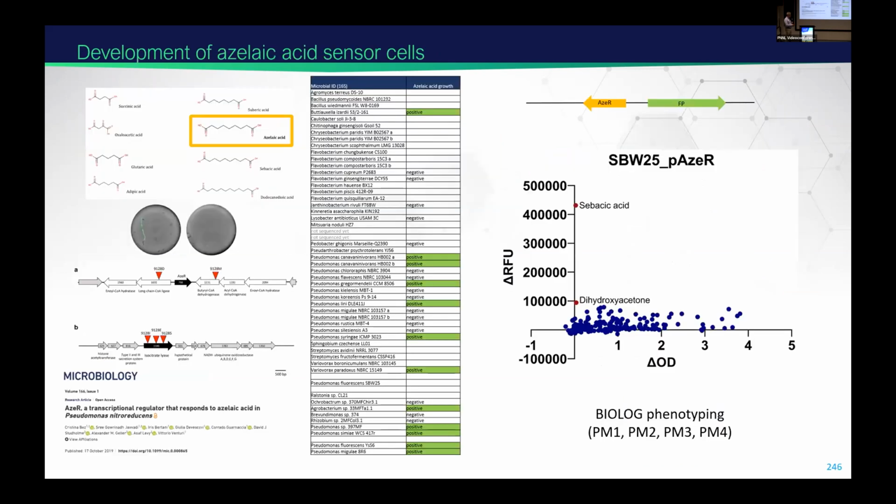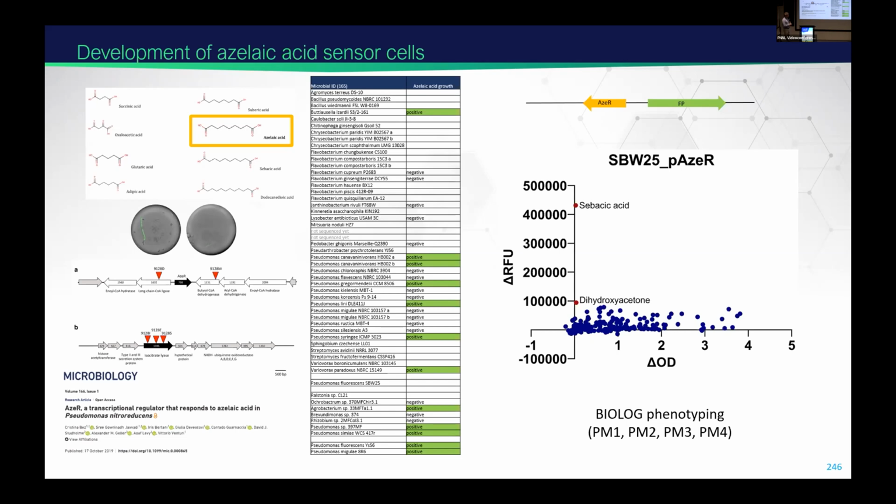So this was one of the important metabolites. Here is azelaic acid, C9, and from a recent paper they identified the potential transcription factor. We simply cloned that with the promoter region and turned it into a biosensor.